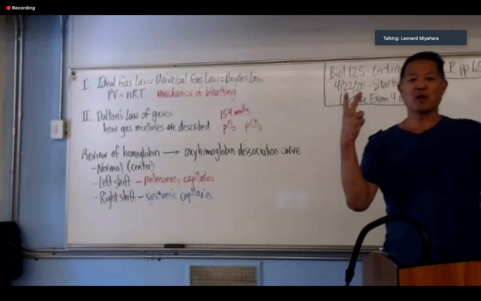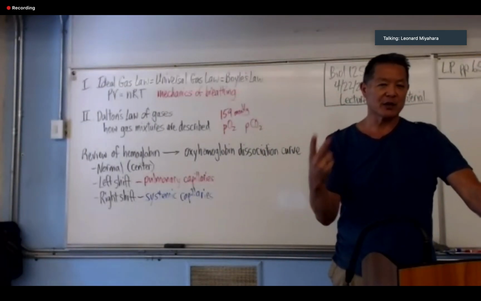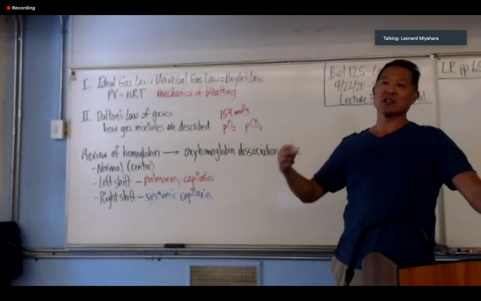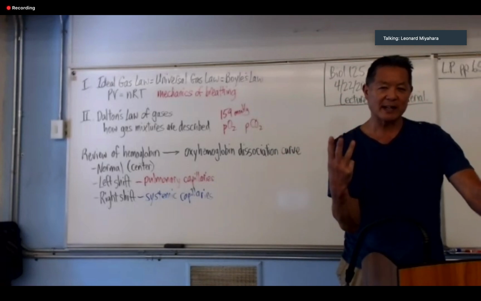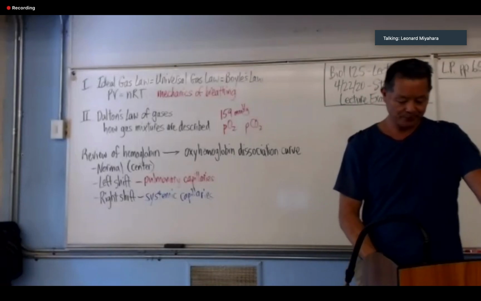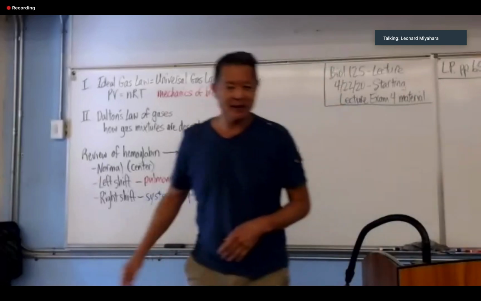Okay, so there's two forms with percentages of O2 in arterial blood. For lecture exam 4, you need to know the three forms of CO2 transport in venous blood. The vast majority of it is actually right over here.